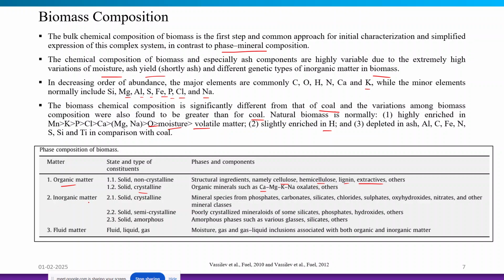When we are talking about inorganic matter, the solid crystalline forms are mineral species such as phosphate, carbonate, silicate, chloride, sulfate, nitrates, and other mineral classes. Solid semi-crystalline are poorly crystalline mineraloids of some silicates, phosphates and hydroxides. Solid amorphous are amorphous phases, various glasses and silicates, which are also present in the biomass as a different phase composition. And fluid matter, that is liquid, gas, and other fluids: moisture, gas, and liquid inclusions associated with the organic and inorganic matter.